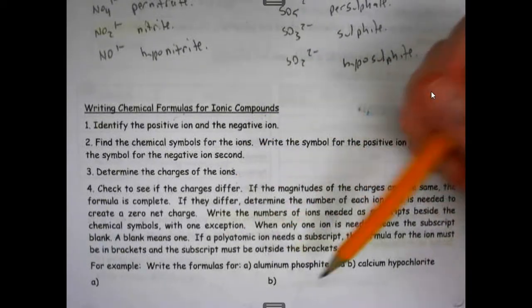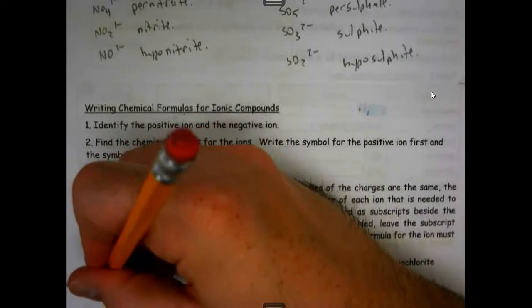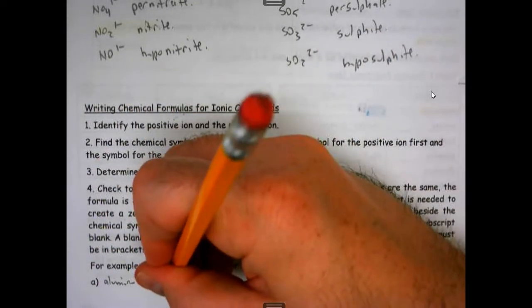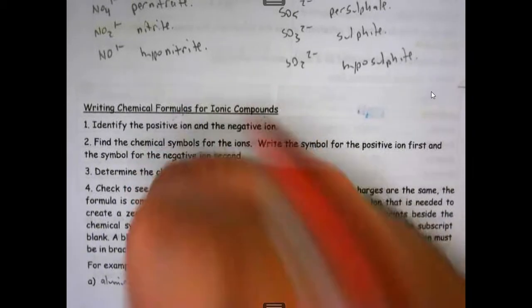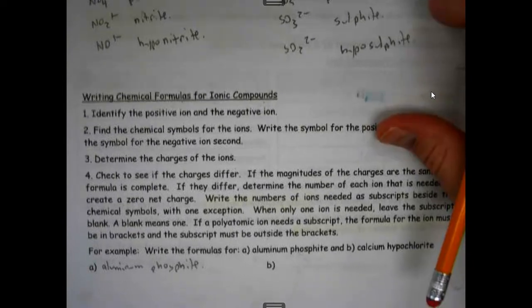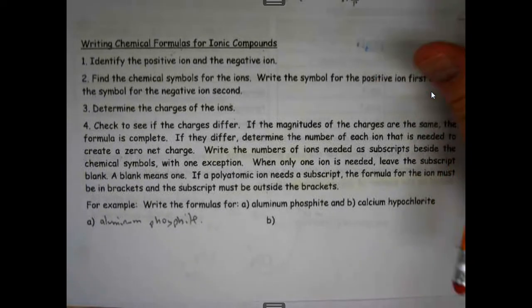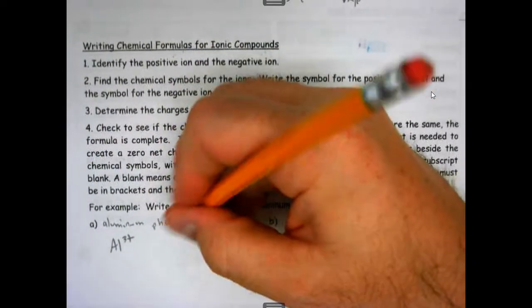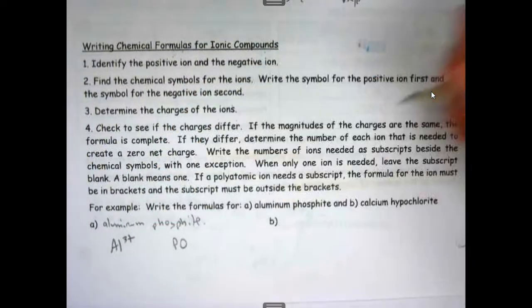Okay, so we're going to use aluminum phosphite. So here's aluminum phosphite. Okay. So what we're going to do with that is we're going to write down the charges of the ions and their ions first. So aluminum is 3 plus. Phosphite, so I know it's going to be PO.